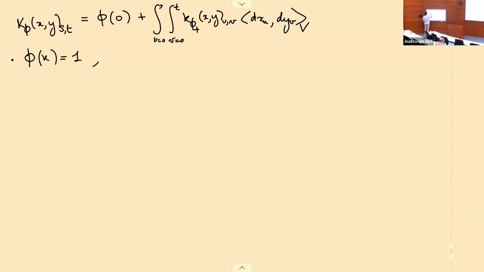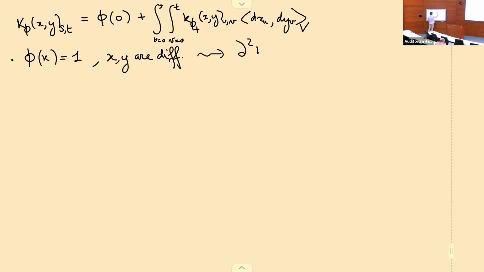We saw that, of course, the right-hand side and left-hand side are the same function, so this becomes actually a differential equation. Assuming, for example, that x and y are differentiable, then we can differentiate both sides of this equation first by s and then by t, or the other way around, and get this PDE.